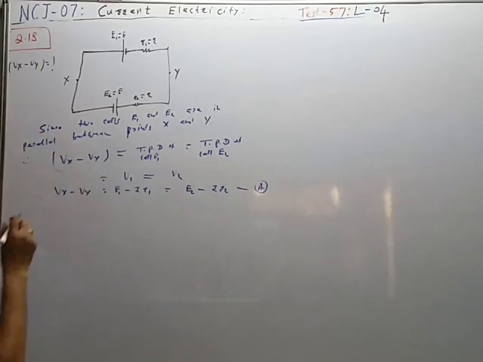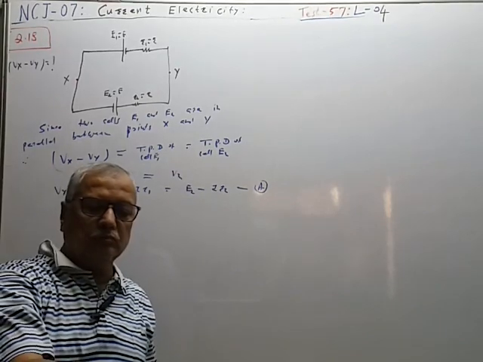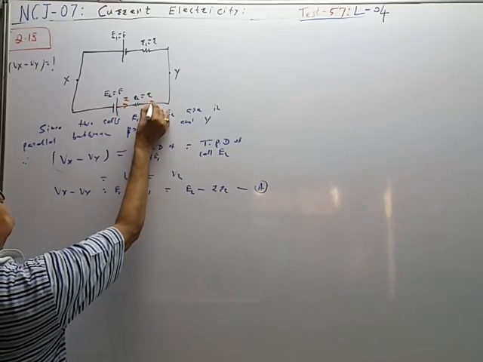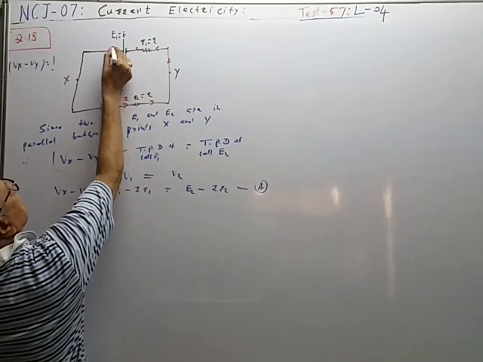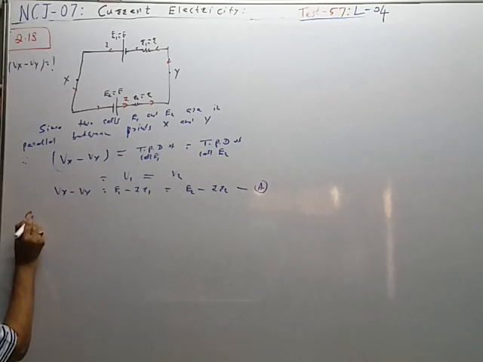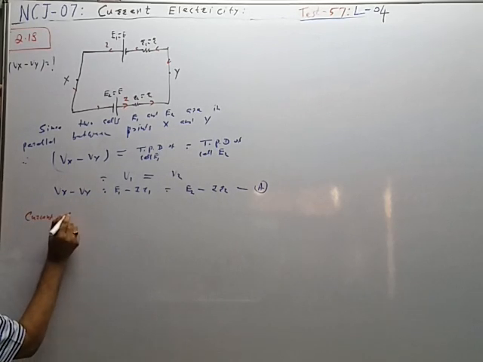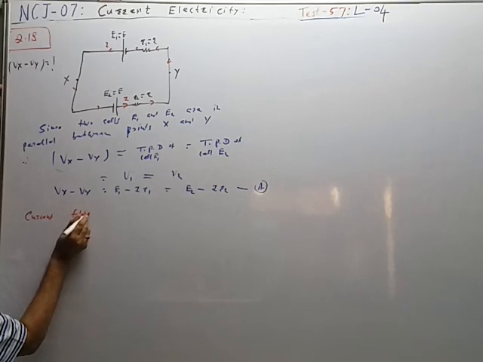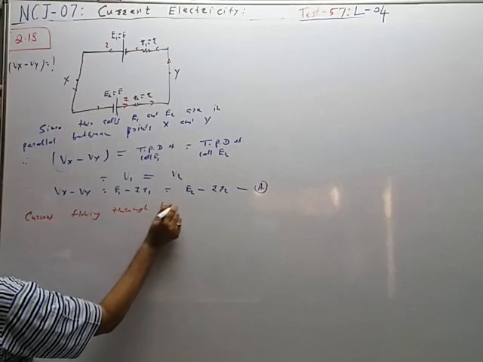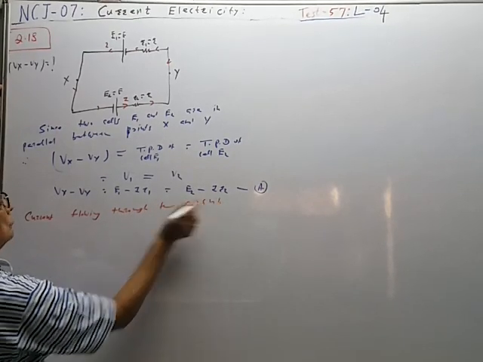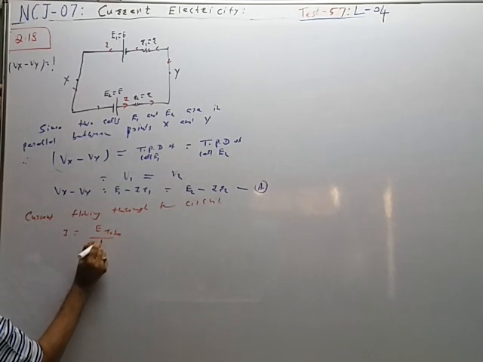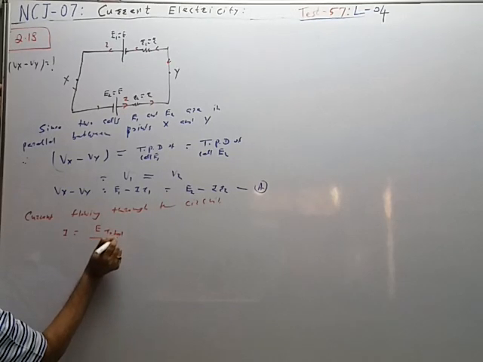याच्यामध्ये आता आपल्याला करंट व्हॅल्यू काढावी लागेल. So this is the current supplied I. This is the same current I, like this. Current flowing through the circuit I is equal to ET, total EMF, upon RT, total resistance.